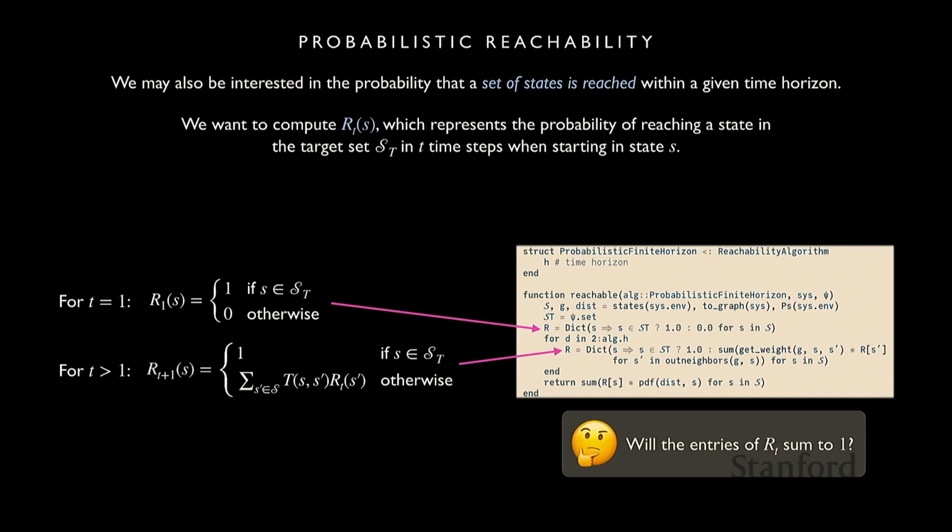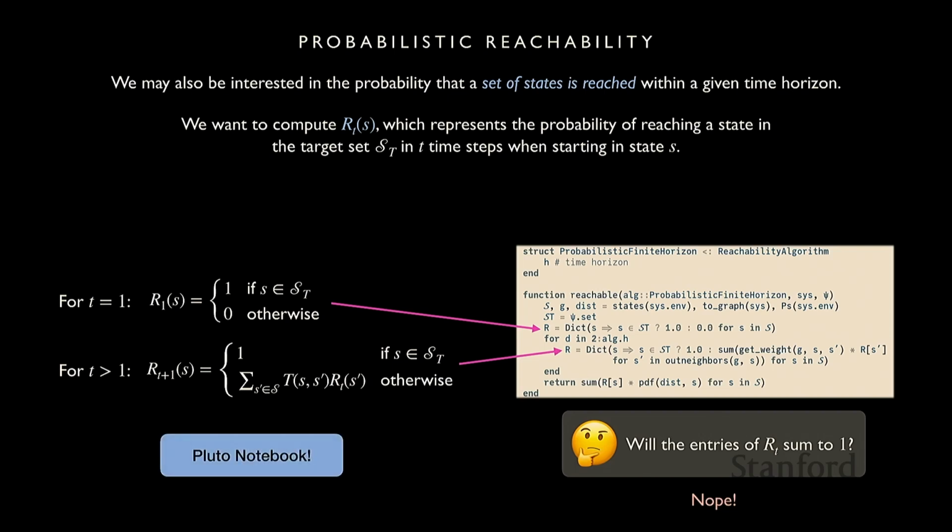I see a no. Yeah, great, it will not. The reason is this isn't a probability distribution over states we could end up in. This is saying if I start in this state, what is the probability that I reach the target set within some time horizon? So I could have a 0.9 probability of reaching the target set from this state, and I could also have a 0.9 probability of reaching the target set from this state, and so they're not going to sum to 1. This isn't a probability distribution that we're calculating.